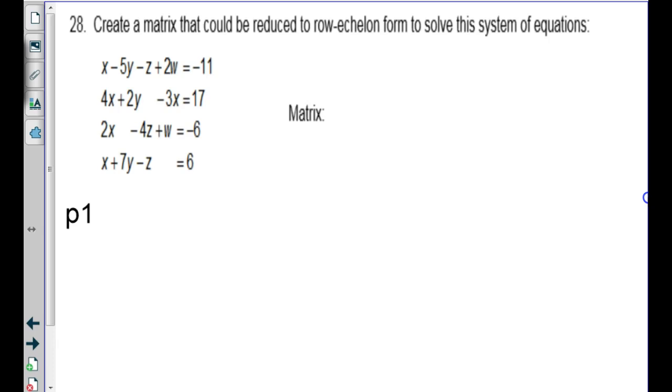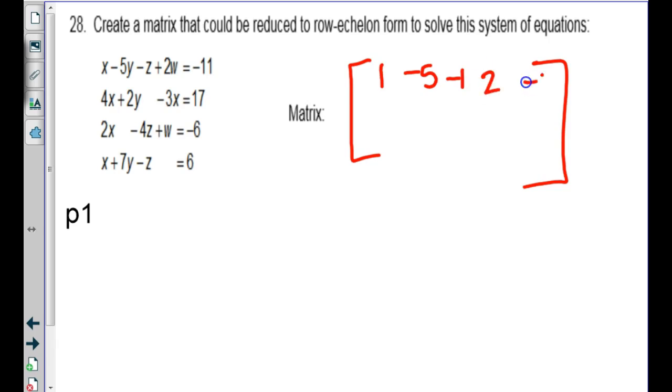All right. This again says create, just like you did yesterday, a giant matrix that should have what across the top? Then 4, that's supposed to be a W. Is yours fixed?